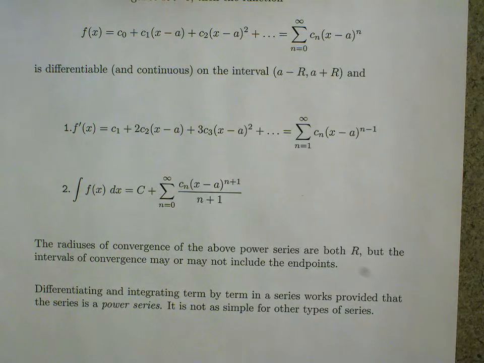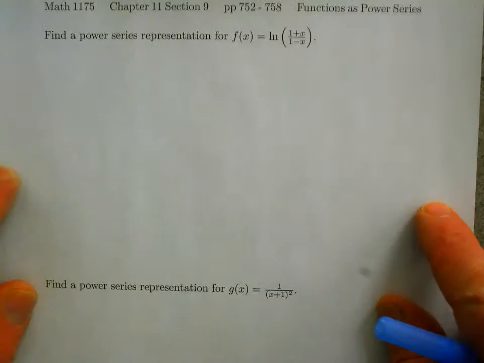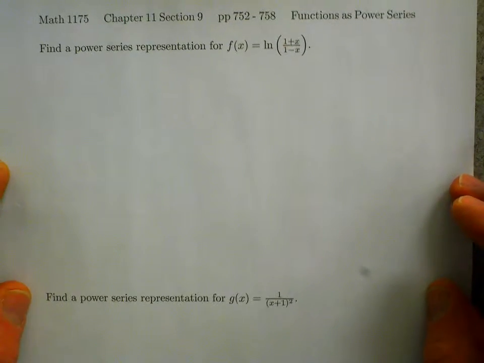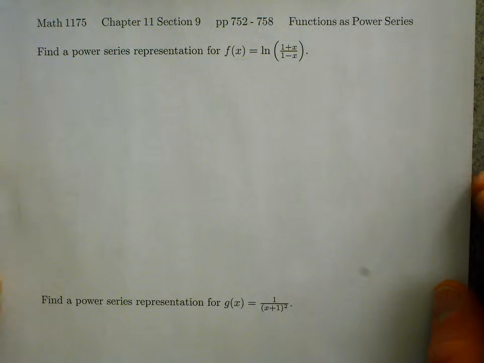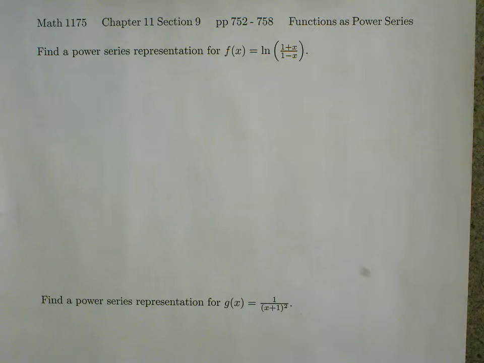Okay, let's see how we do on this next example. Find a power series representation for f of x equals the natural log of (1 plus x) over (1 minus x).